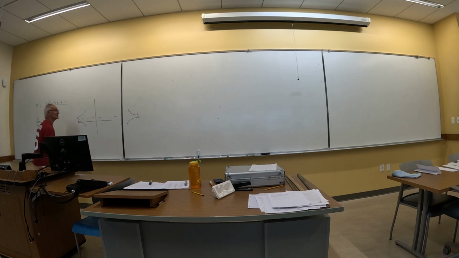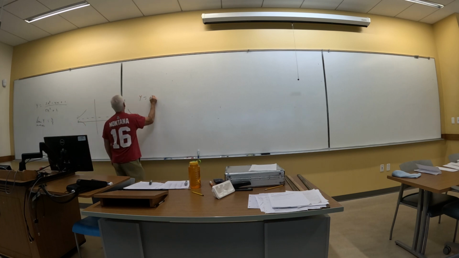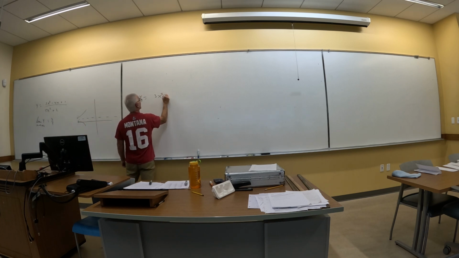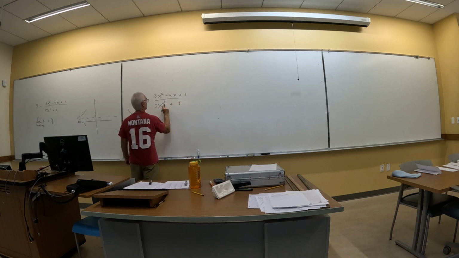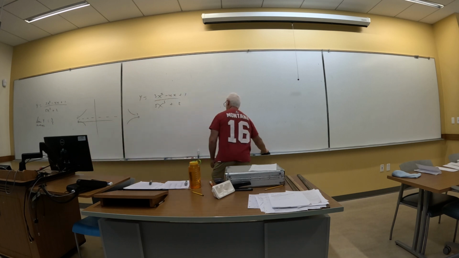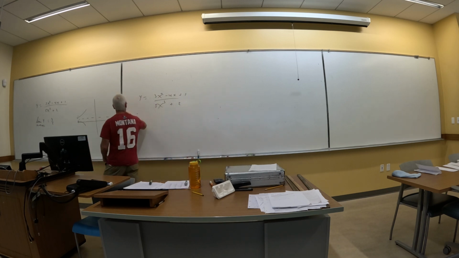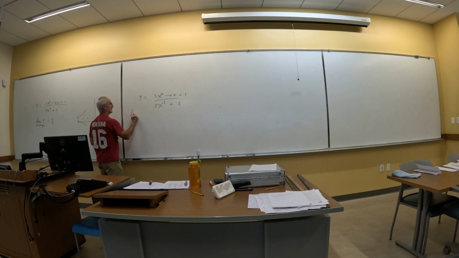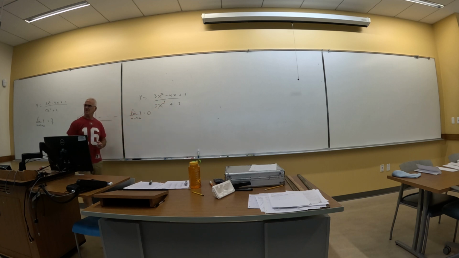What if, let's do a different one, y equals, I'll do the same numerator, and I'll do almost the same denominator. What is this limit? This one's going to be 0, isn't it?